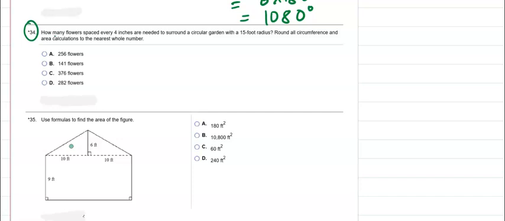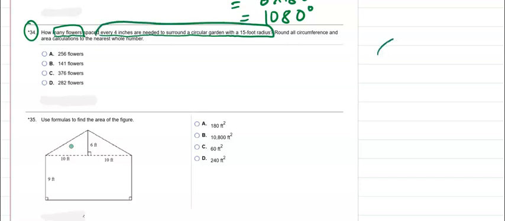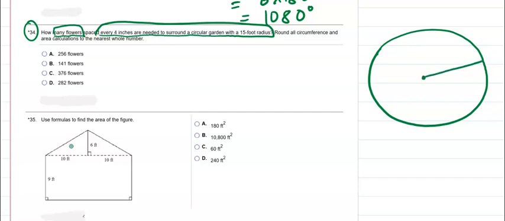How many flowers spaced every 4 inches are needed to surround the circular garden with a 15-foot radius? Here you go. There is a circular garden. The radius is 15 feet.